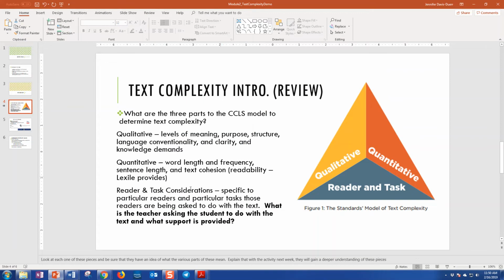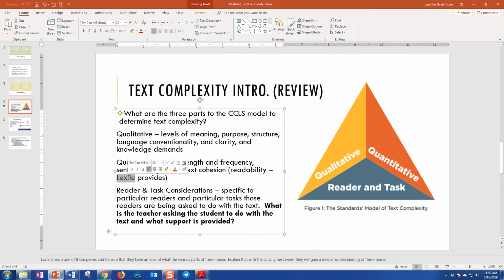Since Common Core, we've been using mostly Lexile numbers to determine or to state the readability of a text. I'm going to show you some things about Lexile in just a minute. The most important thing to remember about the quantitative measure of text complexity is that it's what's calculated with a computer. There is not a human involved in calculating the readability of a text or the Lexile level of a text.